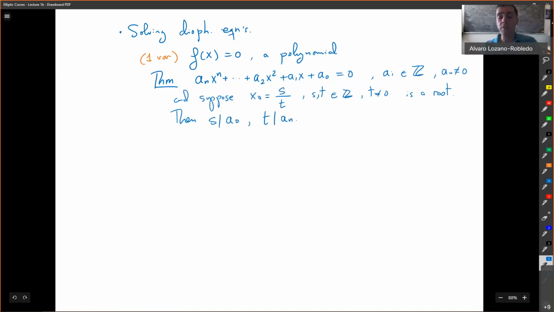This is one of the problems in the homework set, just for you to remind yourself how to do that. But that gives you an algorithm for how to solve all those Diophantine equations in one variable.